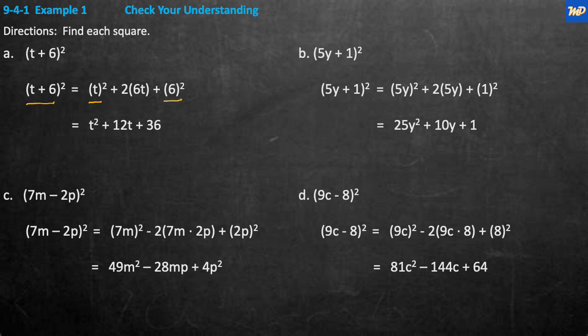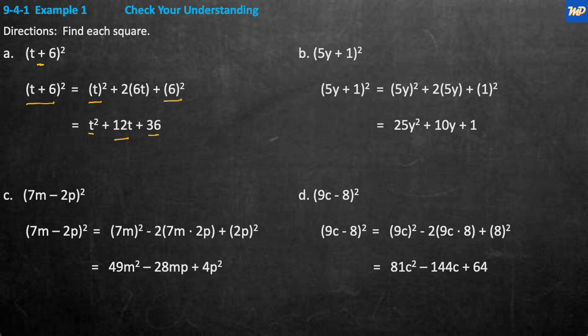In the center, it's plus, because up here is a plus. Plus 2 times 6 times t. When you simplify it, you get t squared plus 12t, since 2 times 6 is 12, plus 36.